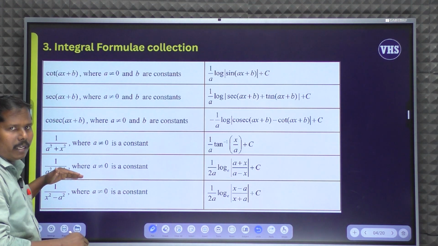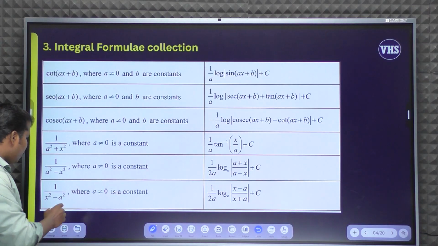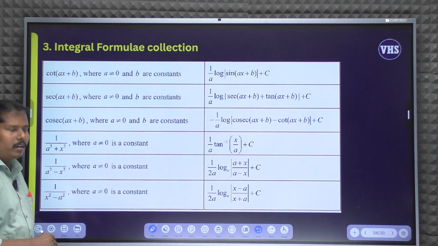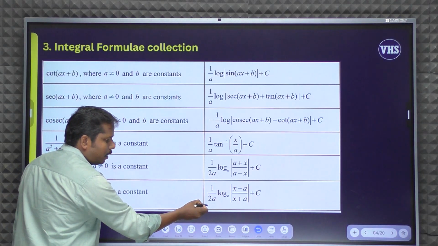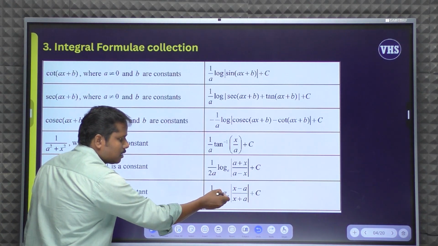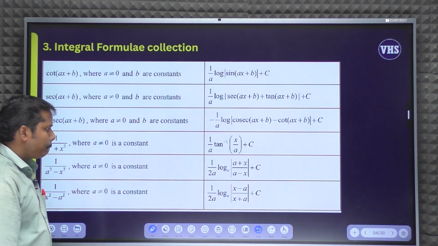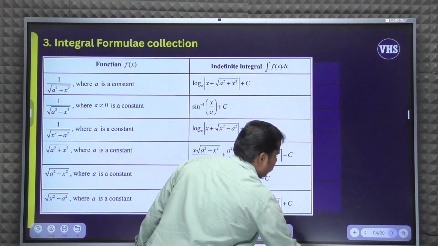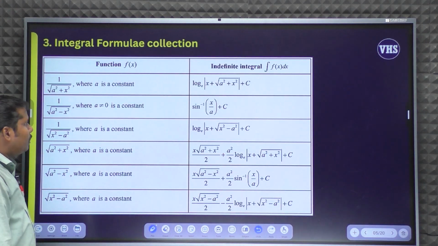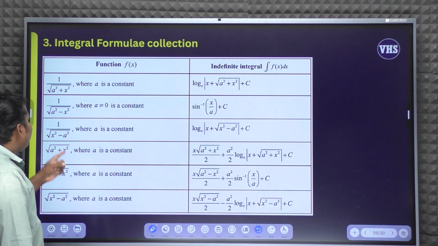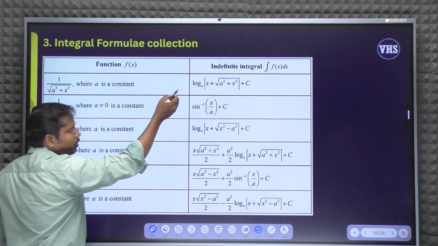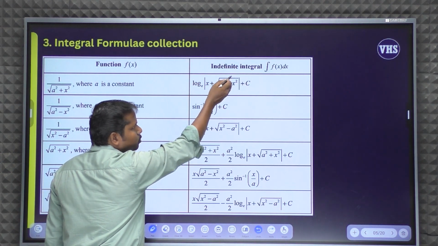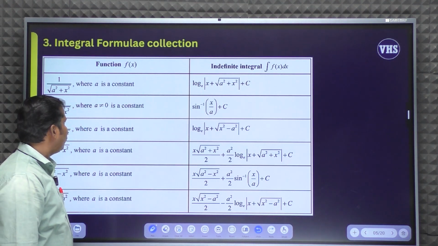Just for recall purpose, I have given this. And finally, the integral of 1 by x square minus a square is given by 1 by 2a log of modulus x minus a by x plus a. Then finally, you are getting this set of formulae. The integral of 1 by root of a square plus x square is given by log of modulus x plus root of x square plus a square.